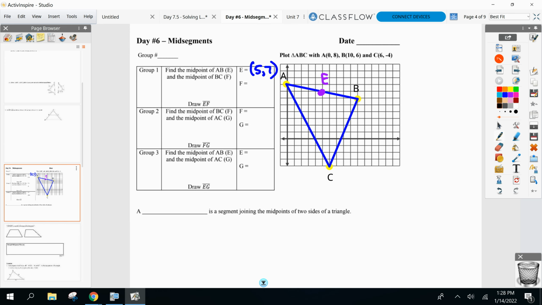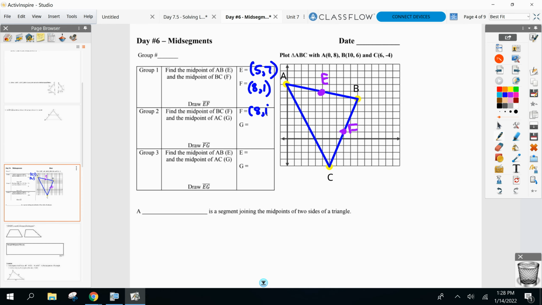Group one, how about point F? (8, 1). Group two, confirmation on that? All right. 8, 1. Over 8, up 1. All right, group two, we already know F, (8, 1).